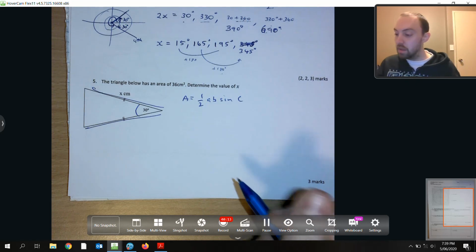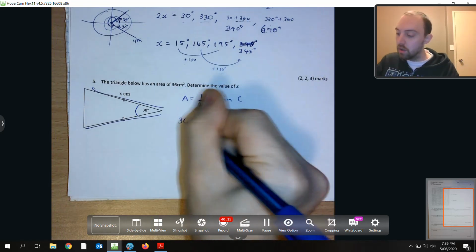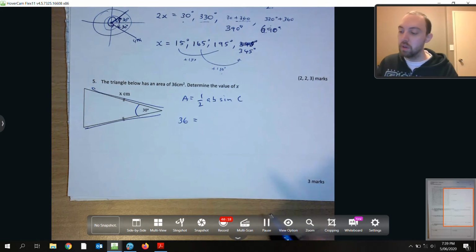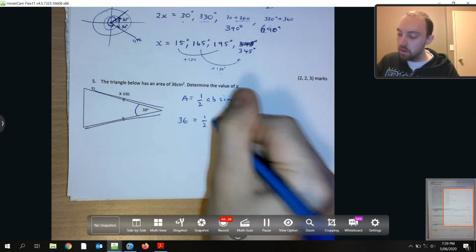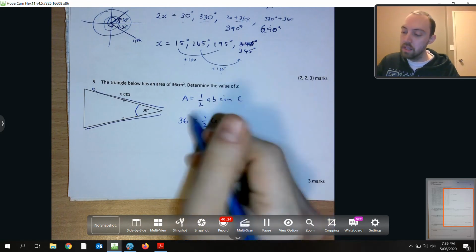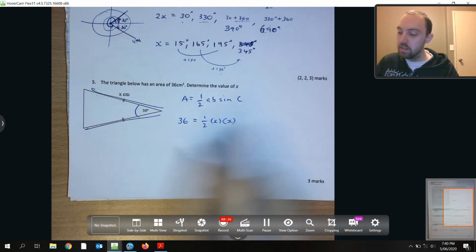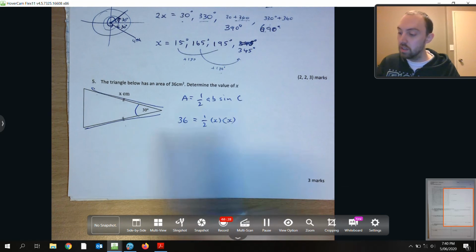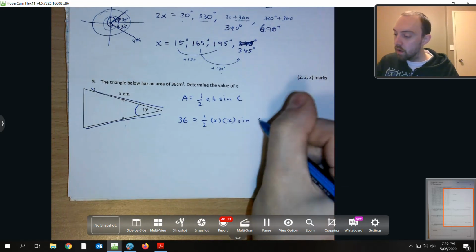But here I've been told my area. I know it's 36 centimeters squared, and that's equal to half a b sine of 30, where one of the sides is x, b is the other side, the same thing, isosceles here.